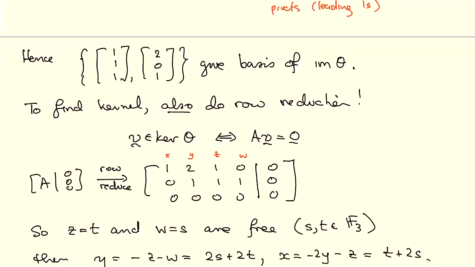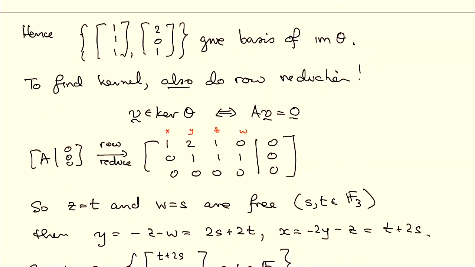But to find the basis of the kernel, we also have to do row reduction. So we take A and put the 0, 0, 0s, because we're trying to solve the matrix equation Av equals 0. And we do the same thing. We've already done the row reduction, so it's one and the same work.